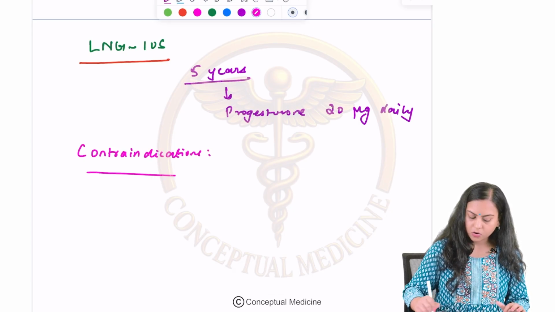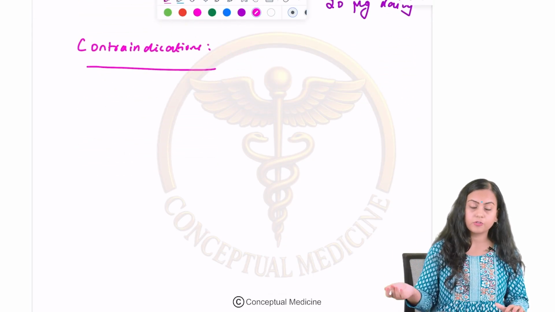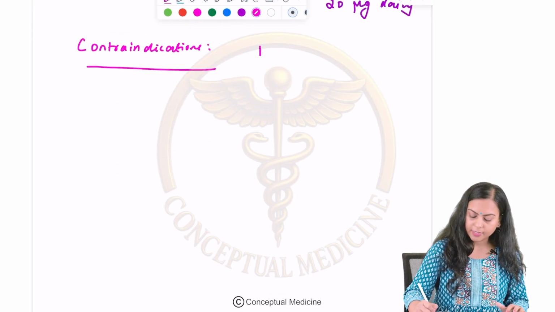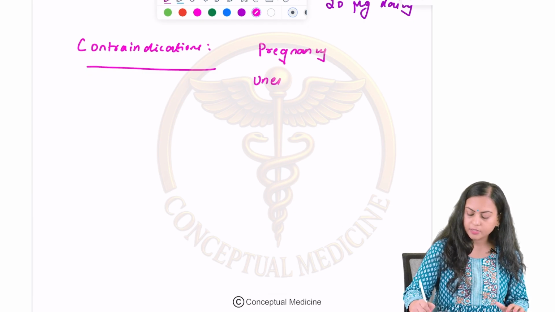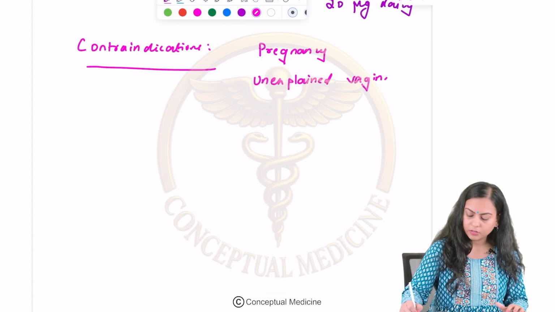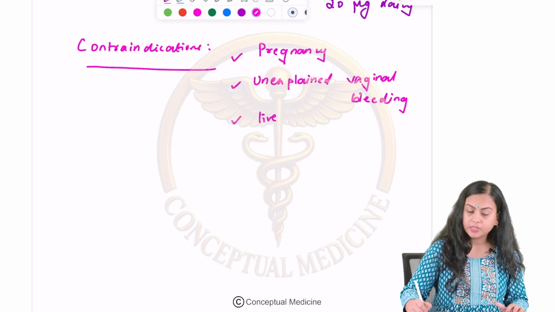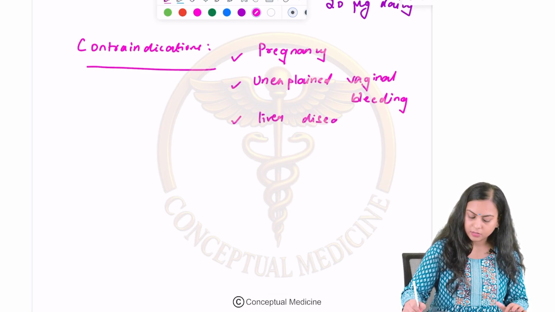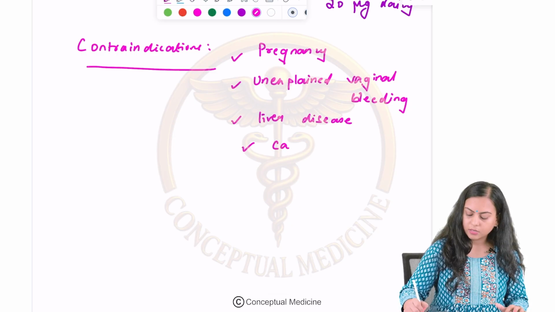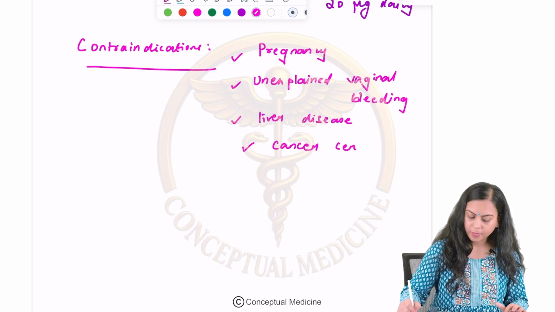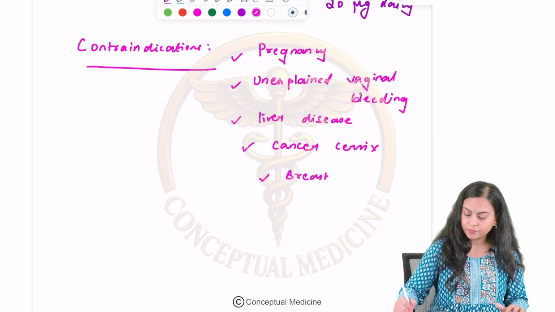Contraindications of this drug, of levonorgestrel IUS, include pregnancy, unexplained vaginal bleeding, liver disease, cancer cervix, breast cancer.